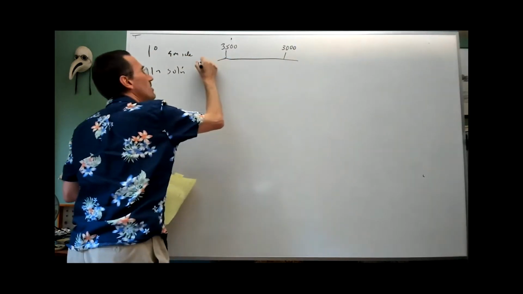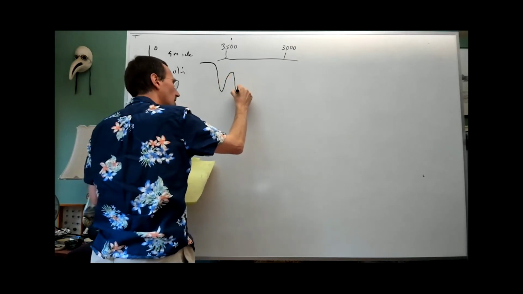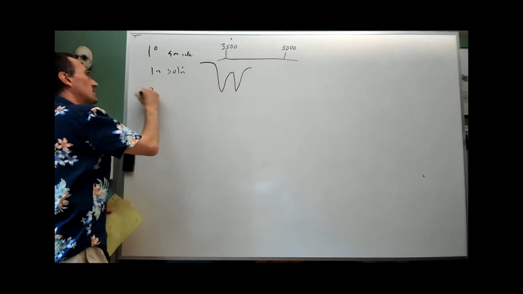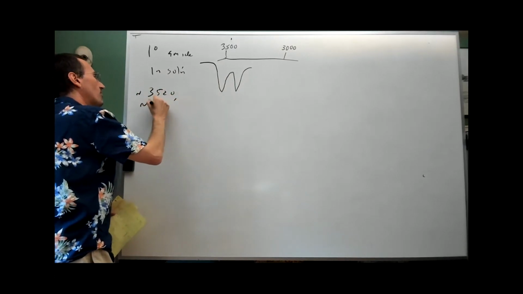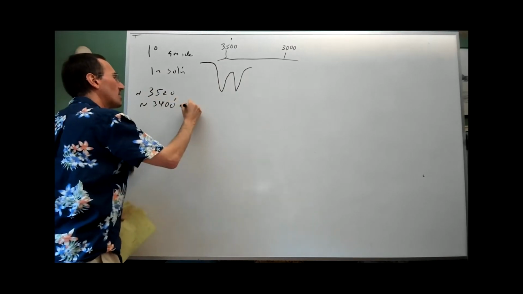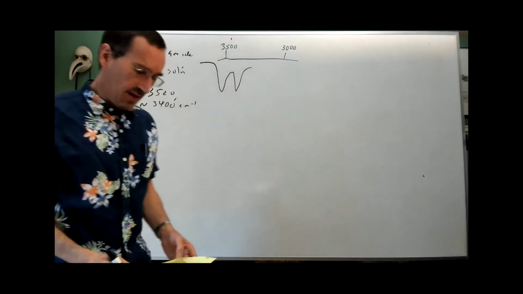If you're not hydrogen bonded, you're going to see 2 bands, and they may look something like this, about 3,520 and about 3,400 wave numbers, as the way you might expect them to look.